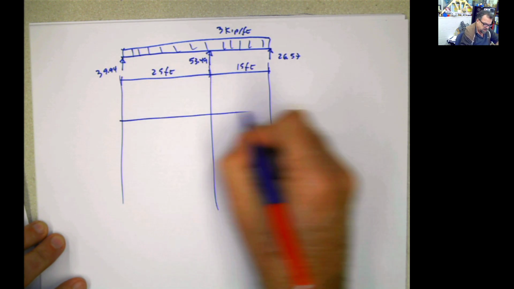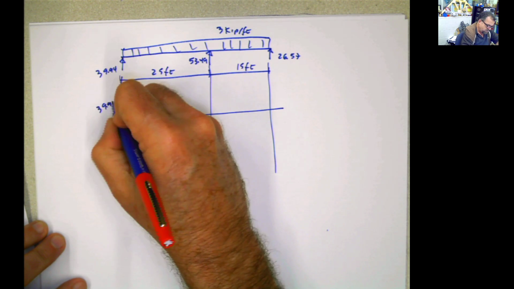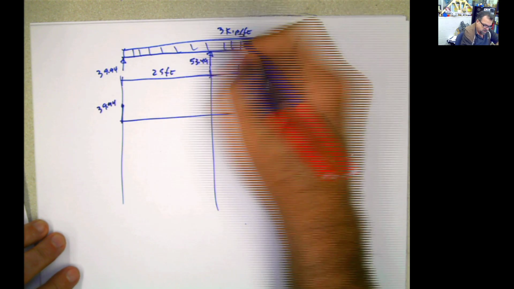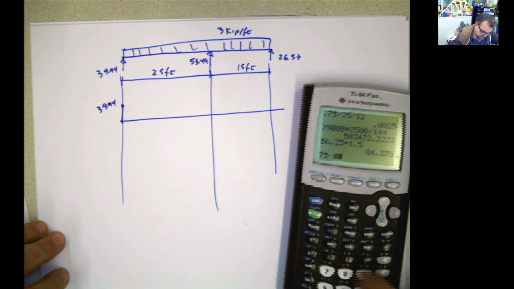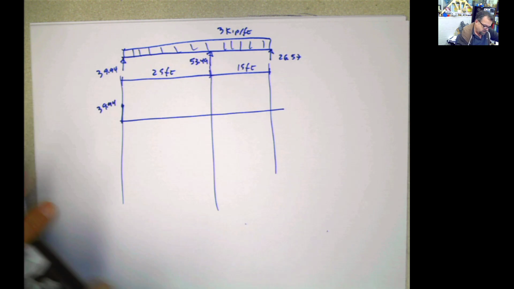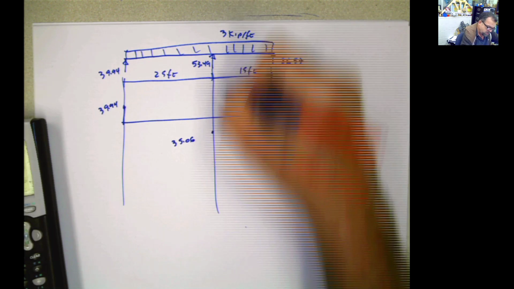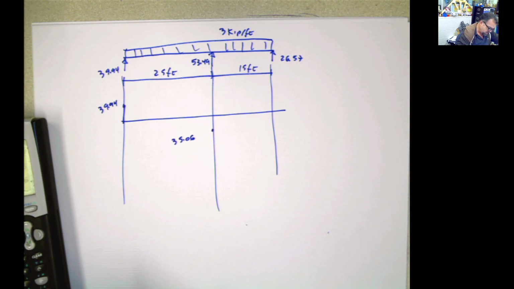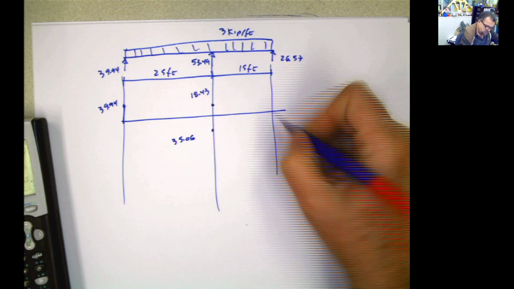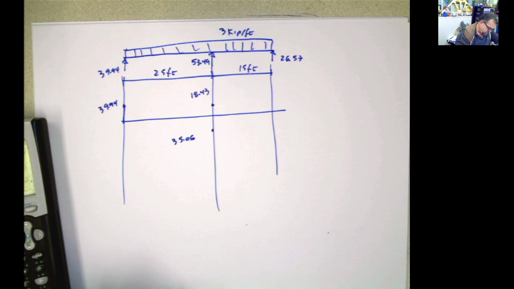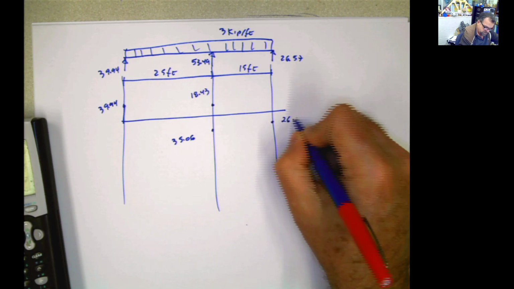Shear diagram, as I said, this is going to be 39.94, and 39.94 minus 25 times 3, 75 minus 39.94, that's going to be 35.06. 35.06, straight line going up, minus 53.49, that's going to be 18.43 minus 15 times 3, so 45. 26.57.